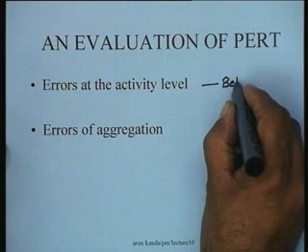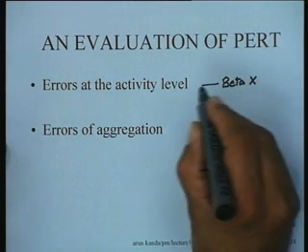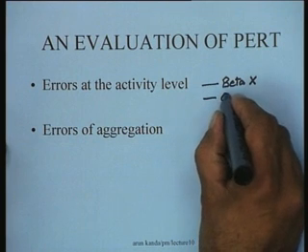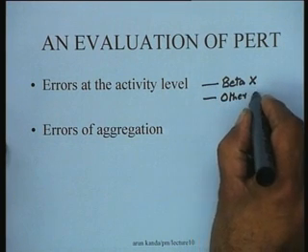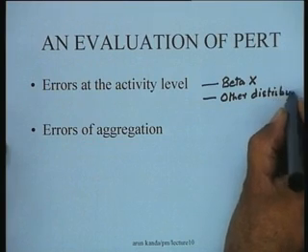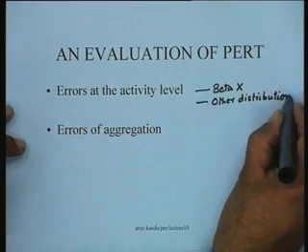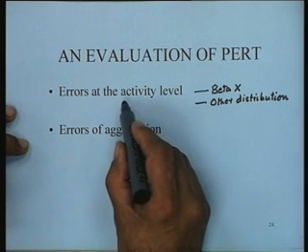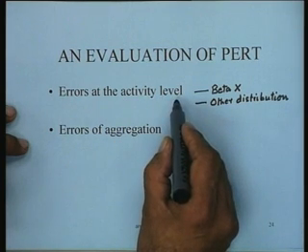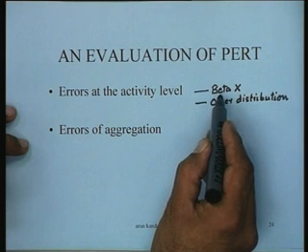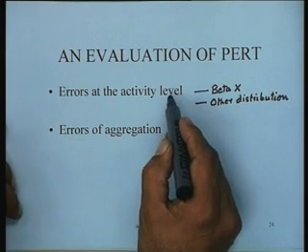They may not be following a beta distribution, this might not be valid, right? It might be following some other distribution which we have probably not even identified. So as a consequence of the distribution of the activity times, you could have certain errors, and by virtue of the fact that you assume them to be beta, there could be some errors here.